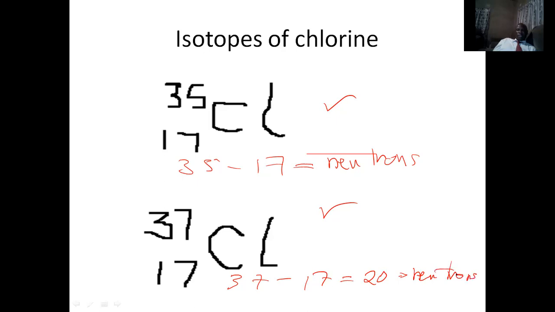So we note that here, 15 minus 7 is 8, and 35 minus 17 is 18 neutrons.